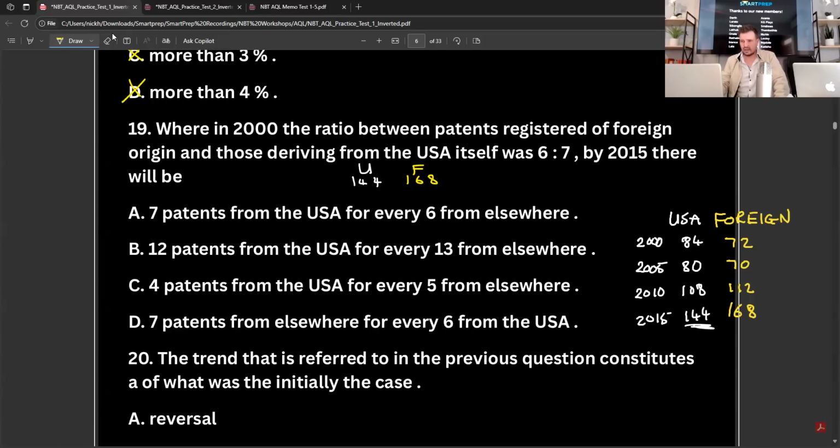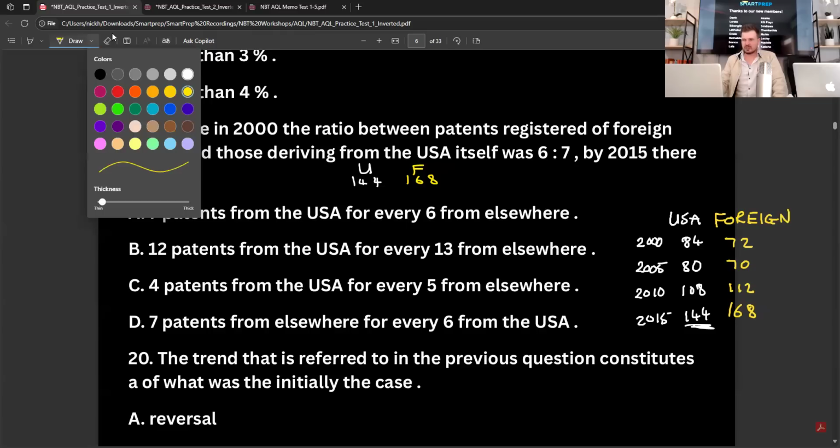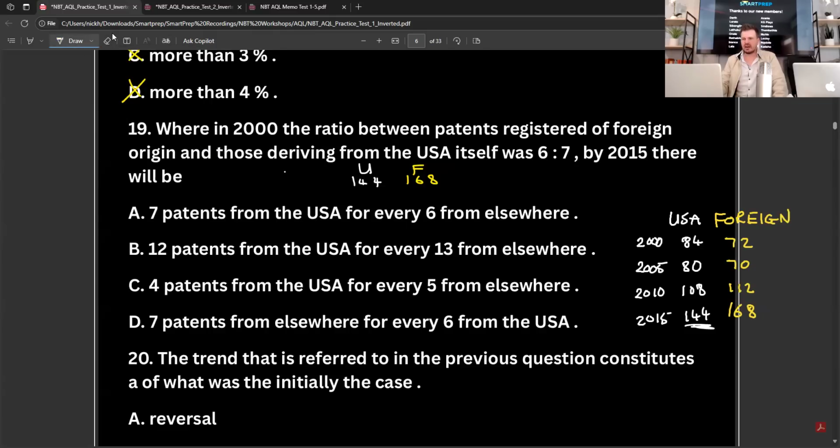All right, so what we have is these values. The long way would be to just keep dividing these by 2 to get the simplest ratio. But we do know that 144 divided by 12 is 12, right? And 168 minus 144 is 24, right?